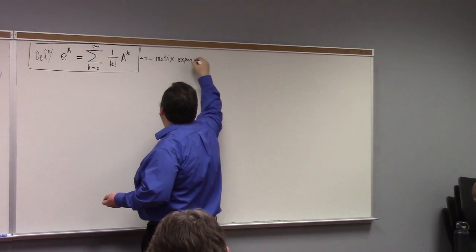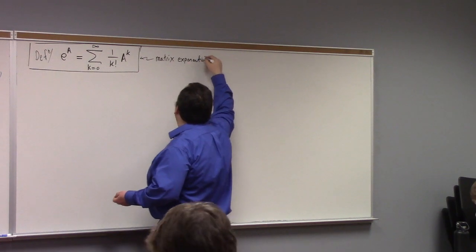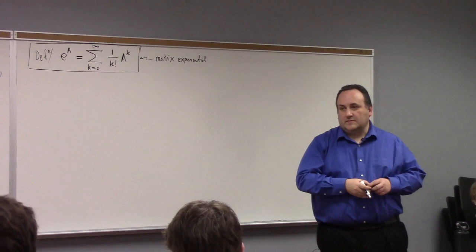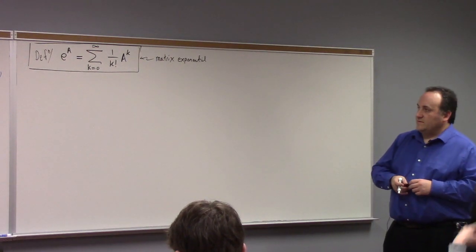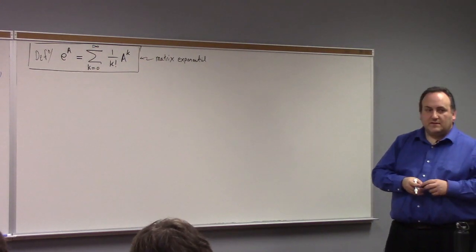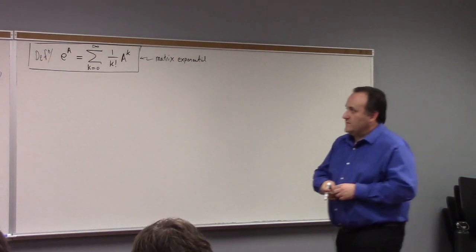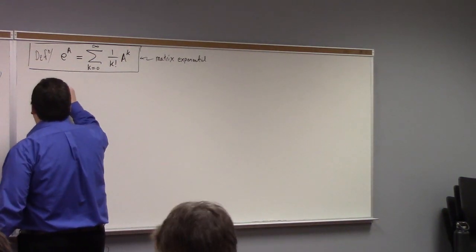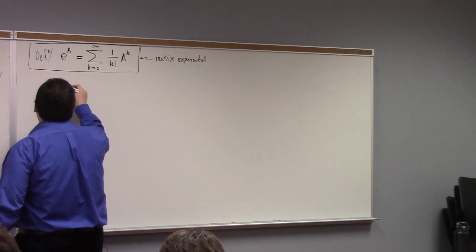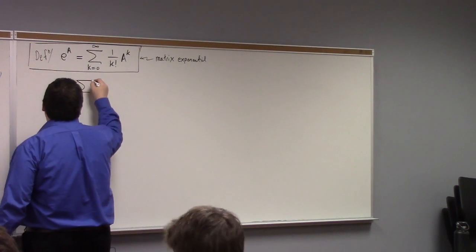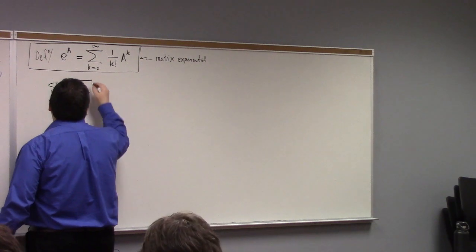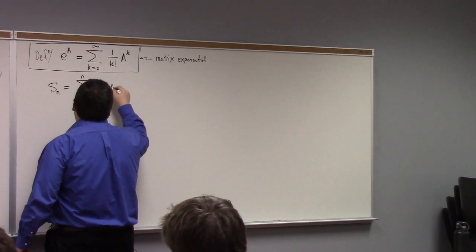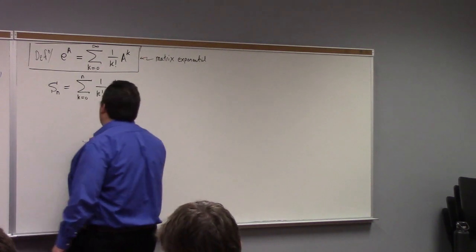We can prove that the matrix exponential converges by proving that its sequence of partial sums is Cauchy. So what does the sequence of partial sums look like here? If I look at S sub n, I've got the sum k equals 0 to n of 1 over k factorial A to the power k.